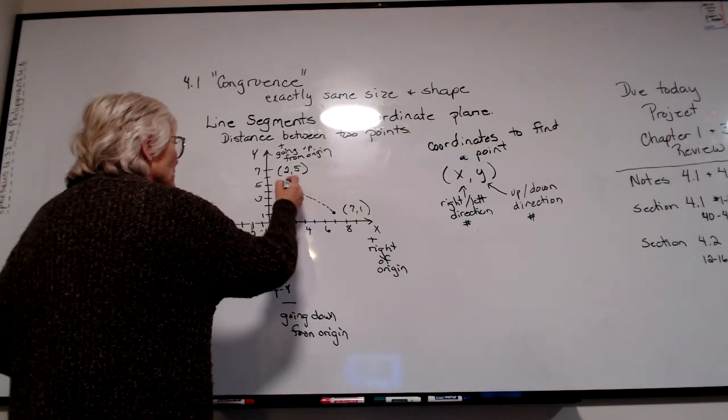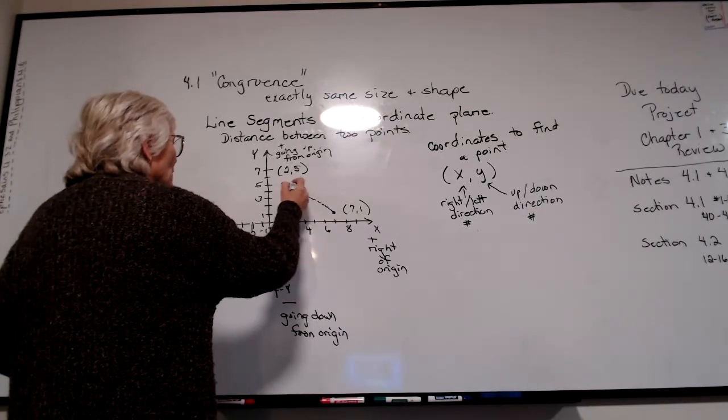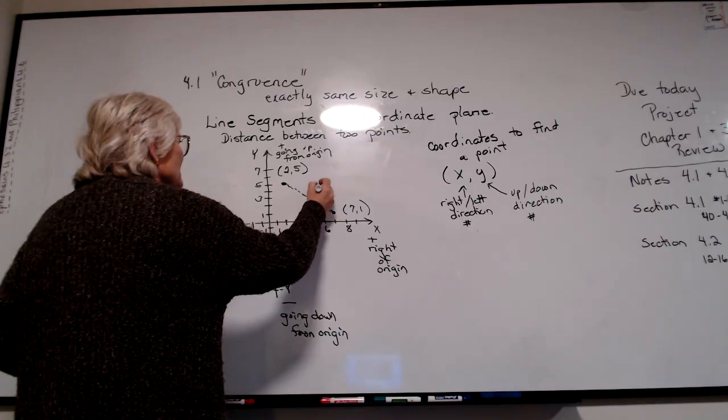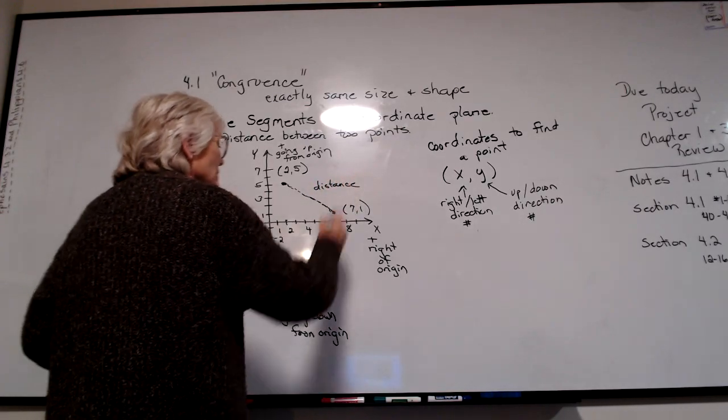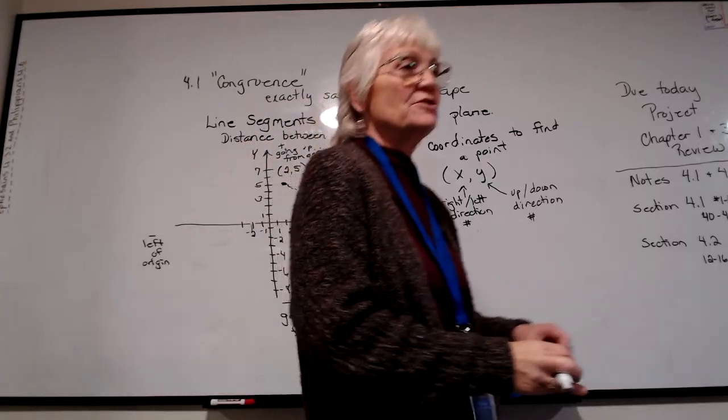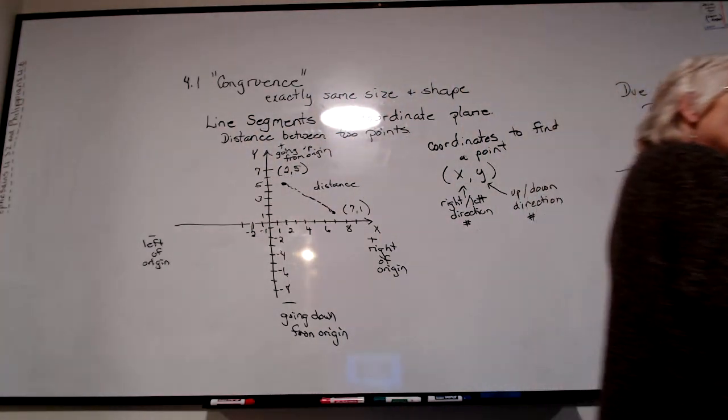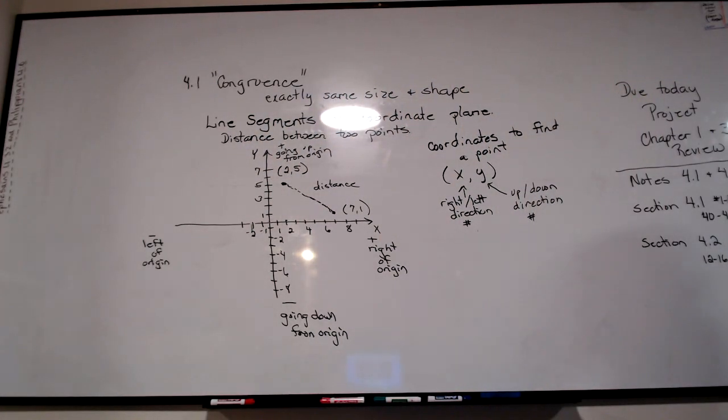On a coordinate graph, we are actually going to look for the distance between the 2 points. This is something you can actually do with GPS coordinates. You can find the distance between 2 points if you have their GPS. It might not be pretty, because they're not given to you as even numbers like I'm giving them to you, but you can do that.